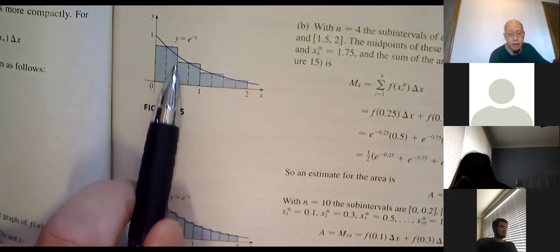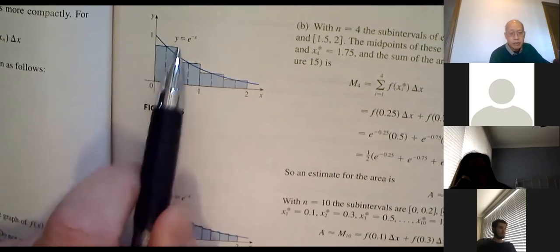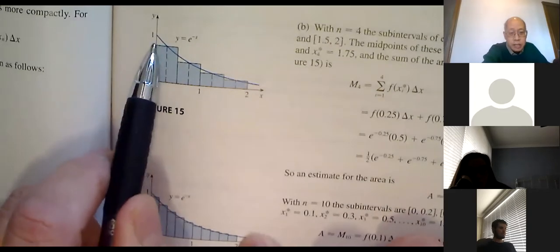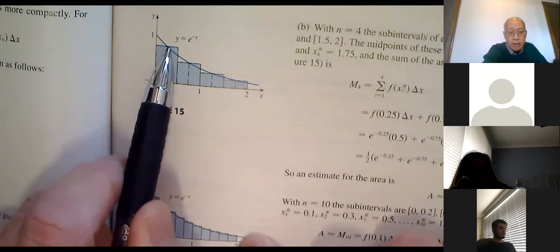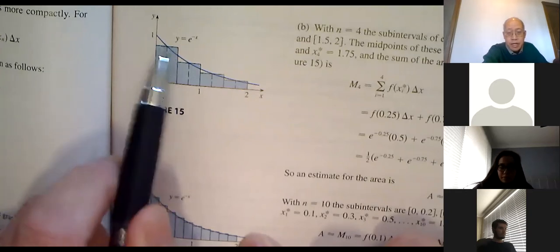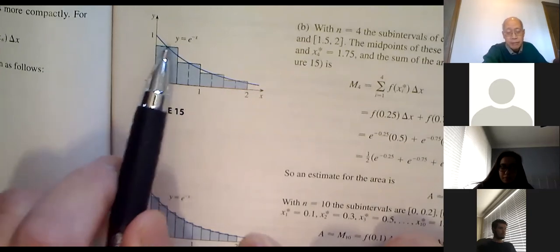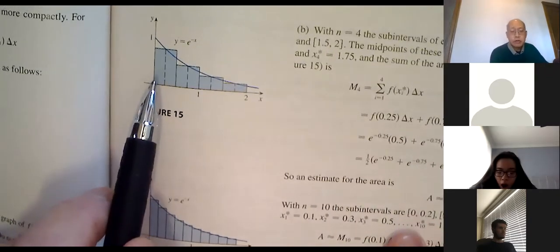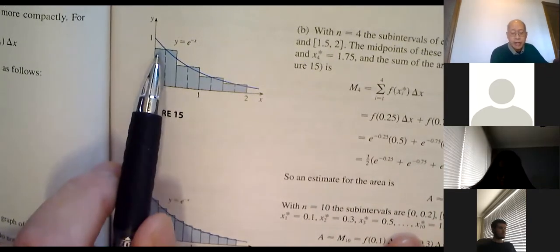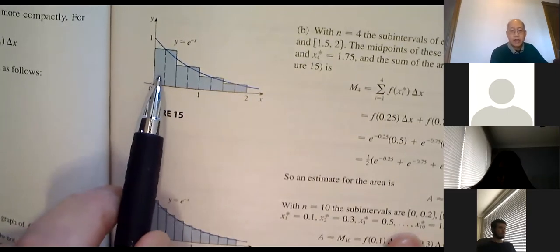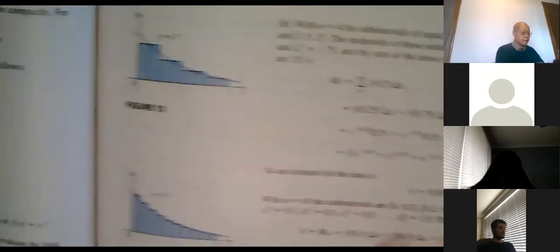Okay, I'm tracing it there, right? They're replacing it with this. That looks like a pretty good replacement because I lost this area here, right? I lost this, but I gained this. Is it an exact cancellation? Probably not. Maybe it is, maybe it isn't. We don't know. And so when I use the midpoint, it looks like right off the bat, it's a pretty good estimate, although I won't be able to tell, is it an underestimate or an overestimate, okay?